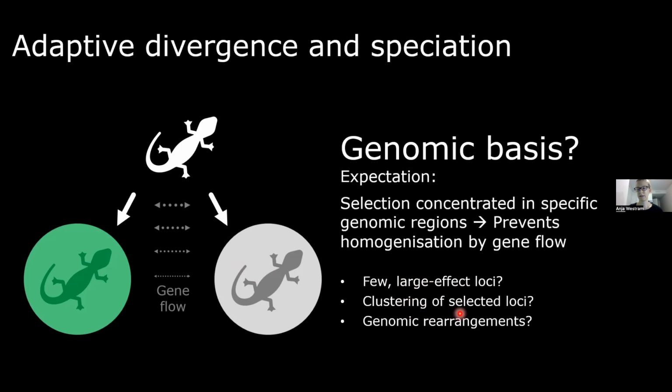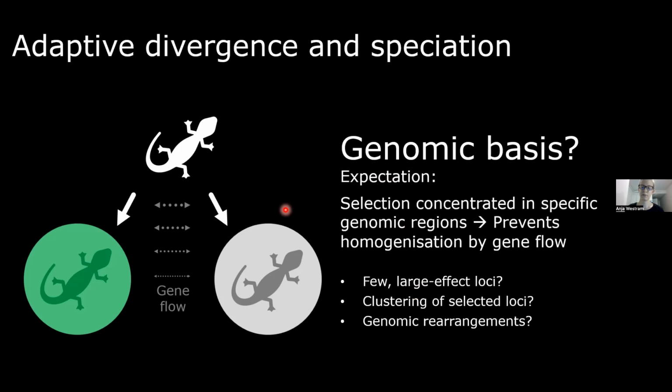We might also expect that loci, if they have small effects, are clustered in the genome, so they are very close to each other, so that selection is basically acting on multiple loci together. And we might also expect a role of genomic rearrangements, which I will talk about more later, because they also can lead to a clustering of selected loci in the genome.